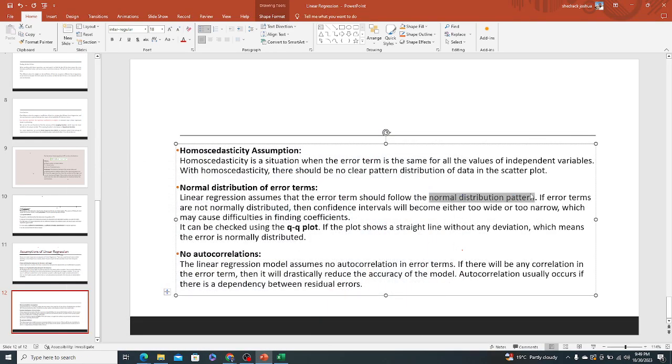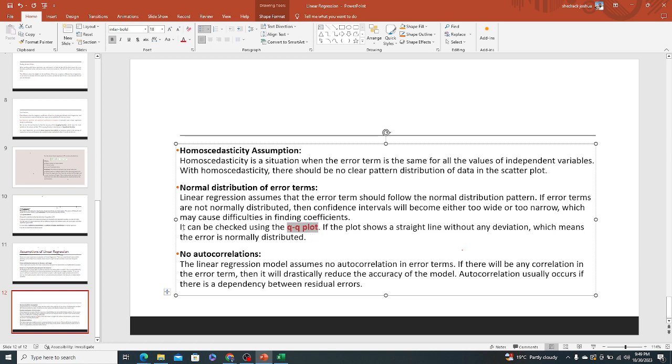Okay, yes. And maybe it can be checked using a QQ plot. You can go and research more about this QQ plot. If you do the QQ plot and the plot shows a straight line without any deviation, it means the error term is normally distributed.